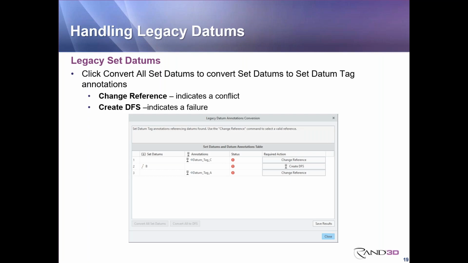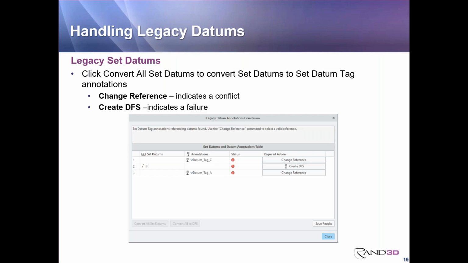When a conflict is encountered, the datum is moved from the set datums column to the annotations column, and you'll see a symbol, looks like a stop sign with an exclamation point in it, displayed in the status column as shown there, and you'll see the change reference required action show.